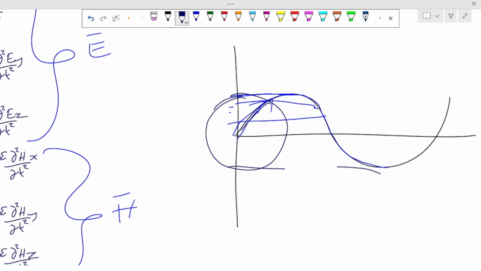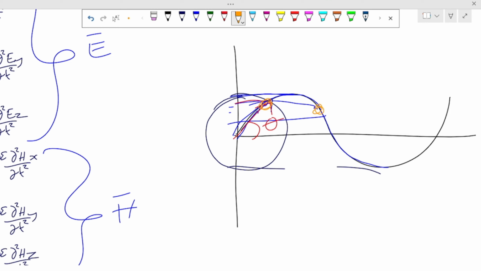So at any point, you can trace it back to this, and that forms an angle. Okay? So if we pick two different points, see this point and this point, are they in phase with each other?